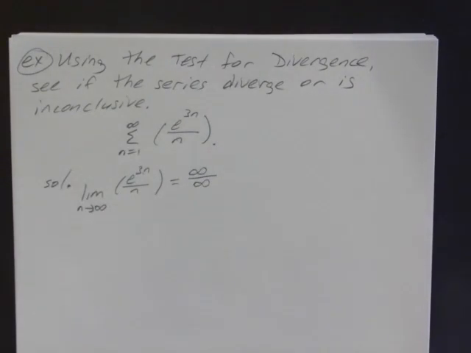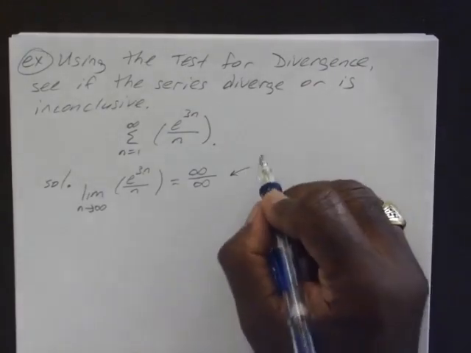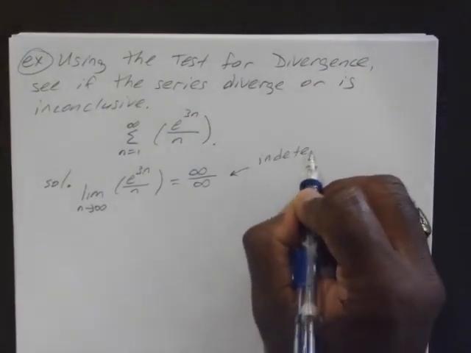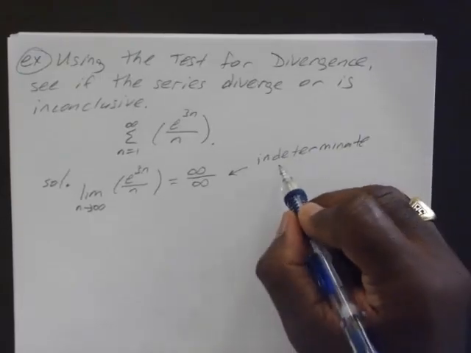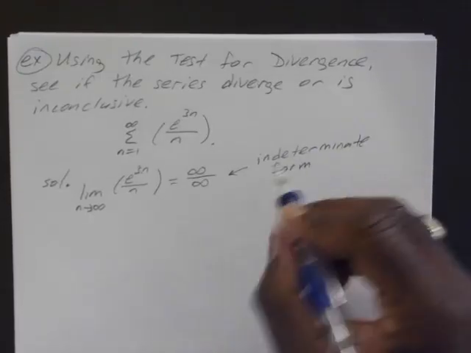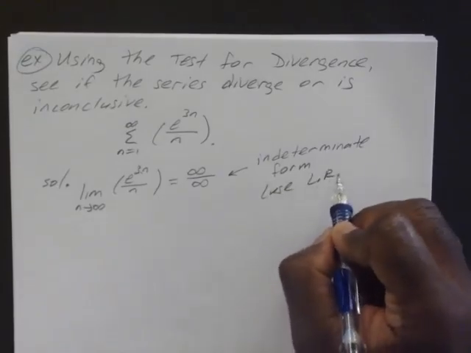Okay, well, luckily, infinity over infinity is one of our indeterminate forms, which means we can use L'Hopital's rule.